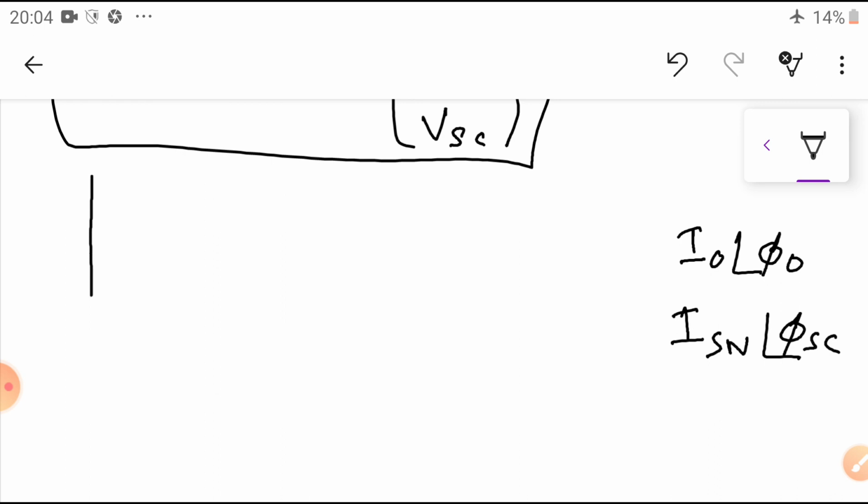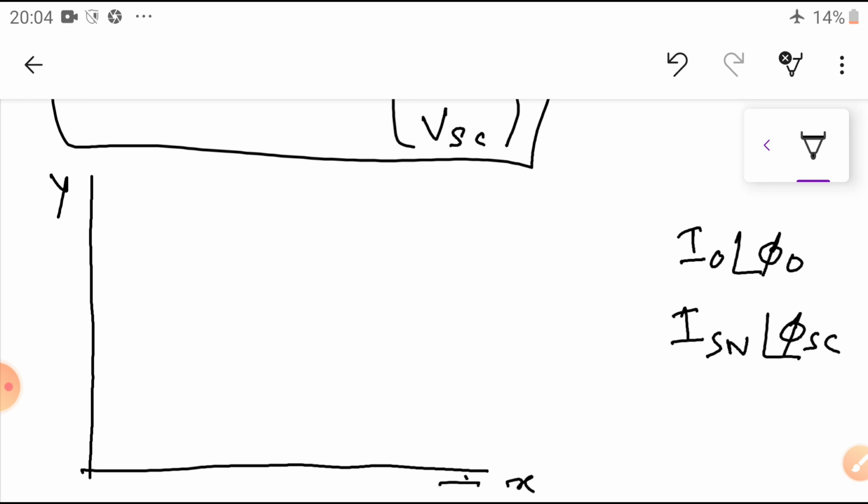The vertical axis we take as the y axis, and the horizontal axis as the x axis. The x axis is the reference axis. On the y axis we take all the voltages vertically, and V is the reference.